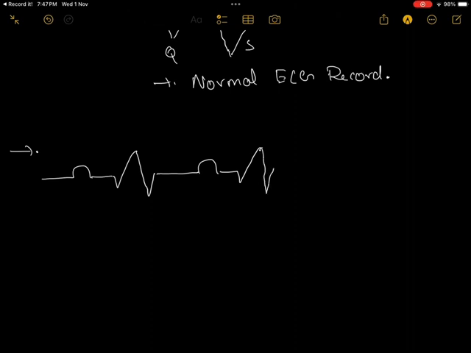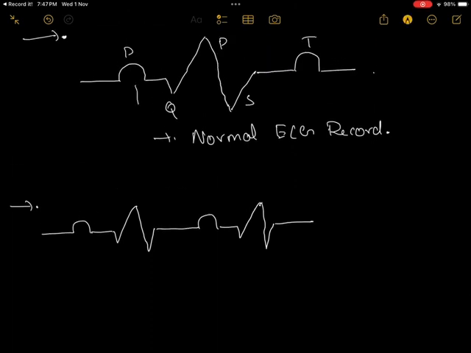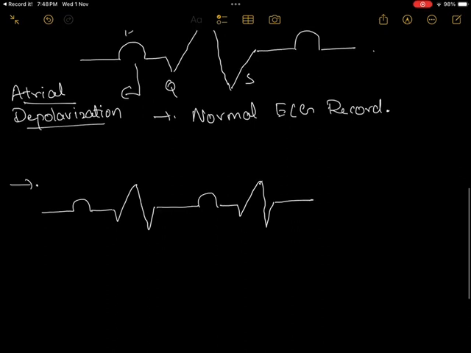Then suddenly what happens is, due to the blockage, there will be no formation of P wave. Usually what we call the P wave in terms of ECG is defined as atrial depolarization. The P wave indicates the atrial depolarization of the heart, but due to blockage in the sinoatrial node, there will be no depolarization occurring in the atria.